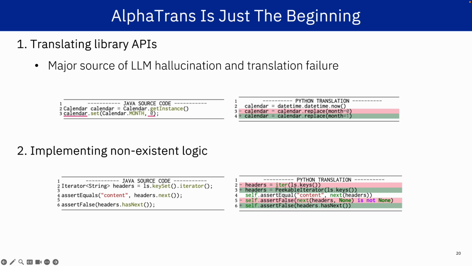But in Python, that hasNext does not exist, and every time we call next, it advances the iterator to the next element. In order to avoid this problem, we need to implement a whole class called peekable iterator and wrap our existing iterator inside it, in order to manually implement hasNext as shown on line 6 here on the right.